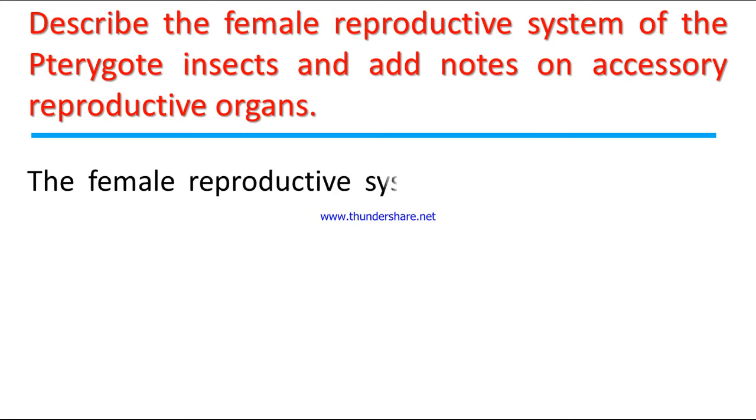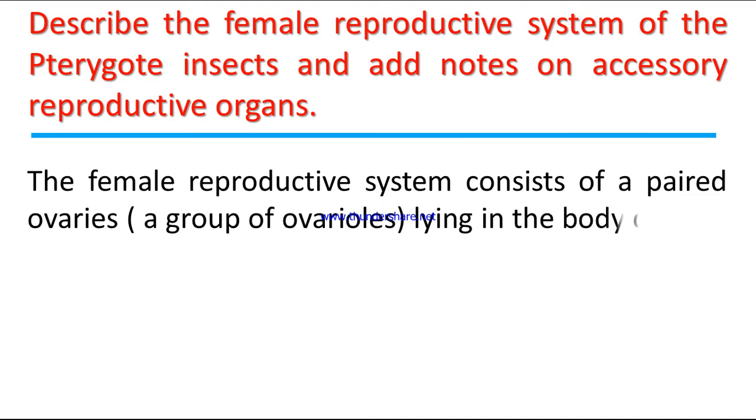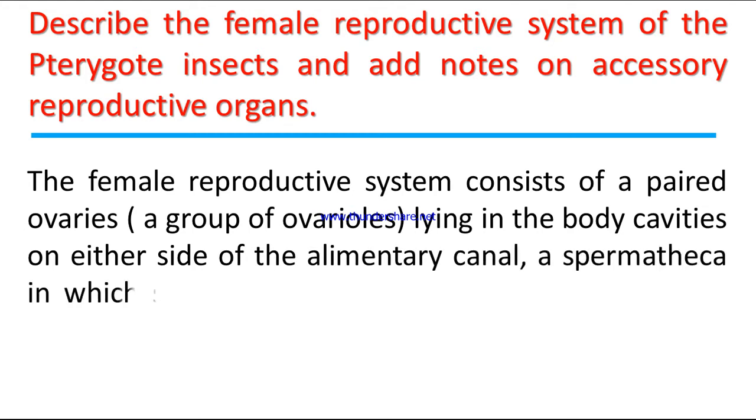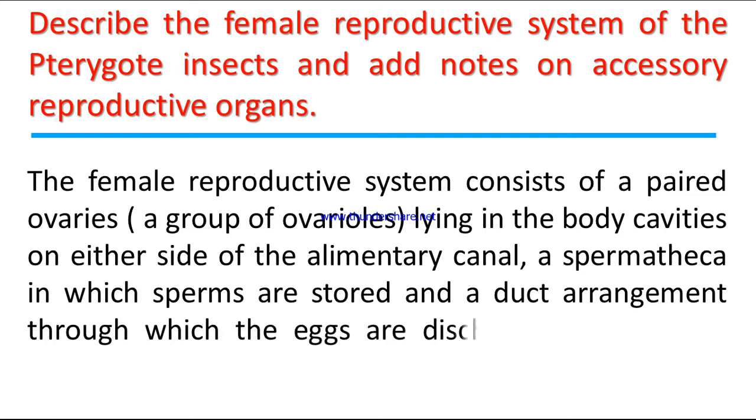The female reproductive system consists of paired ovaries, a group of ovarioles lying in the body cavity on either side of the alimentary canal, a spermatheca in which sperms are stored, and a duct arrangement through which the eggs are discharged outside the body.